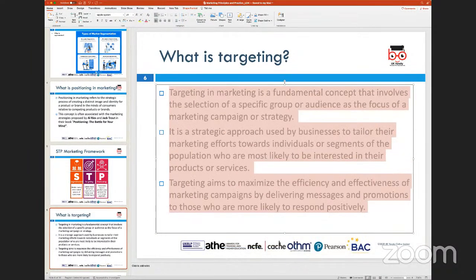And in general, when we look at the process of targeting, you would generally see that there are three things which interplay with each other. One is the STP framework, which I had shown.